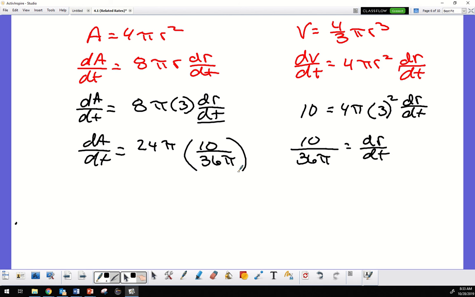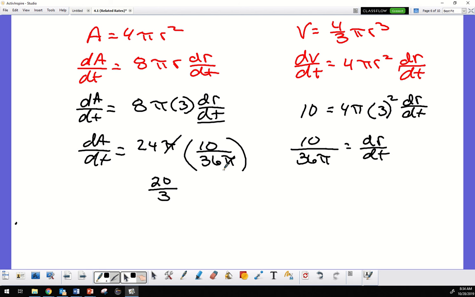Let me see, 24 over 36, I'm trying to reduce it. 20 over 3? Yeah. Okay, so yes, we get 20 over 3 because my pi's will cancel.